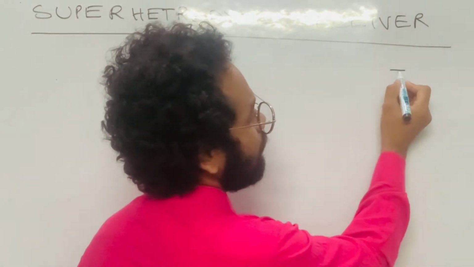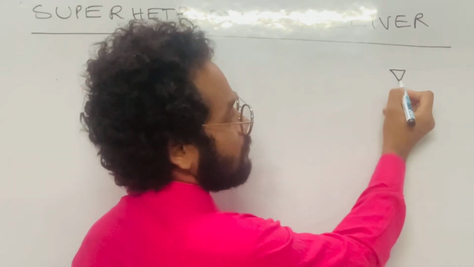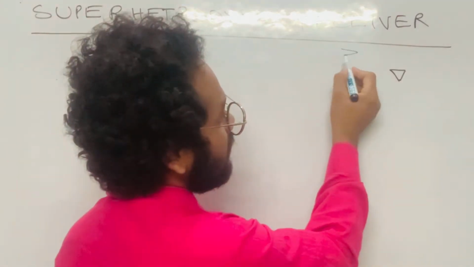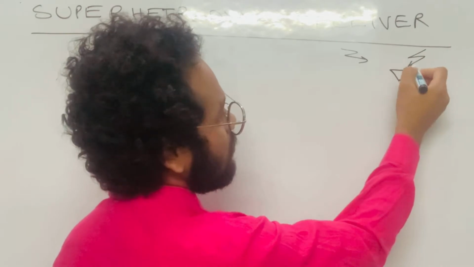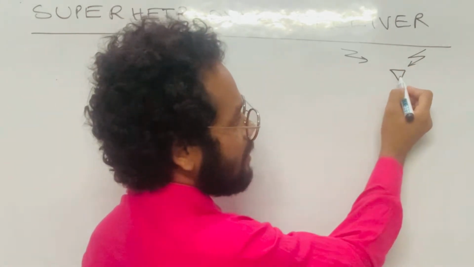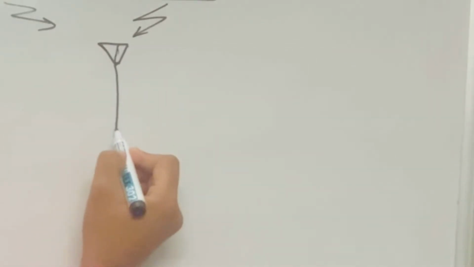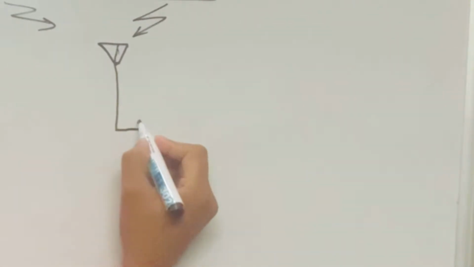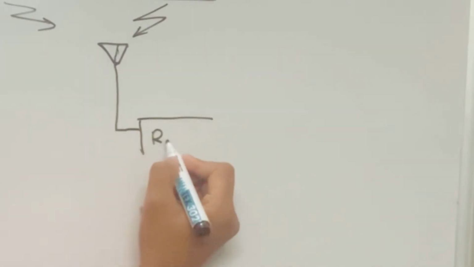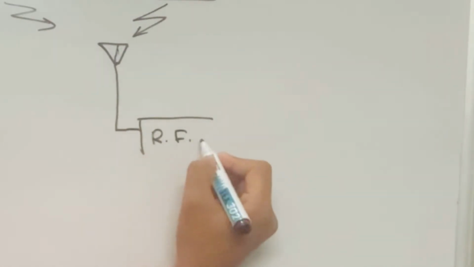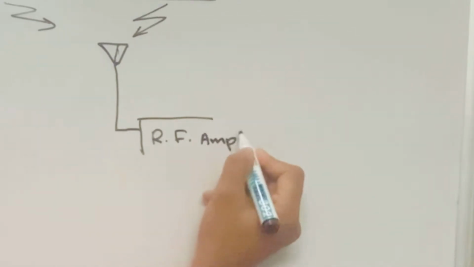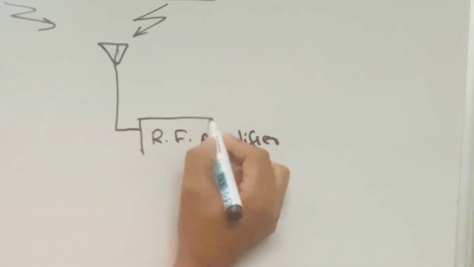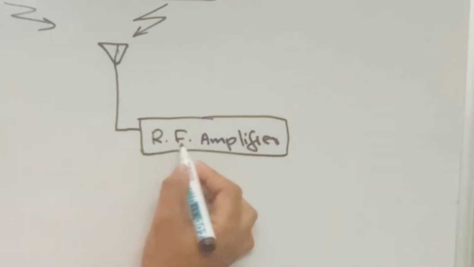Suppose this is the aerial, and these are the broadcasting signals which are coming. This antenna will receive the signal and give it to a radio frequency amplifier, or we can say RF amplifier.